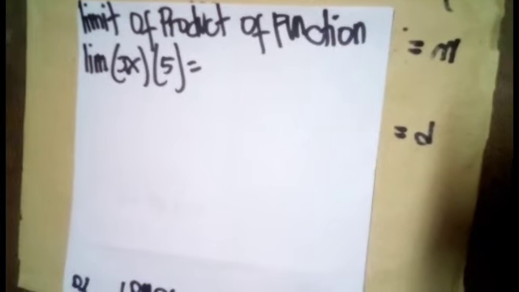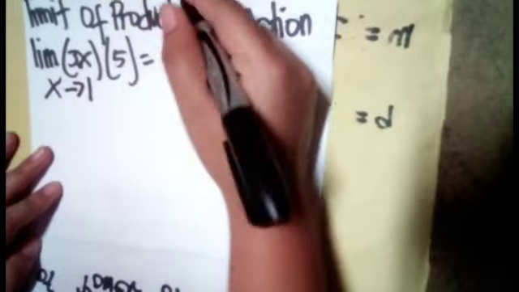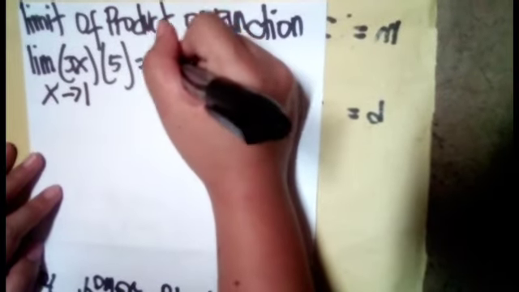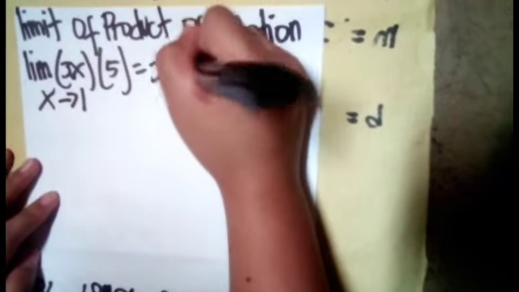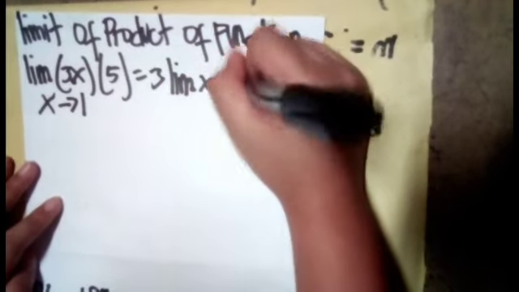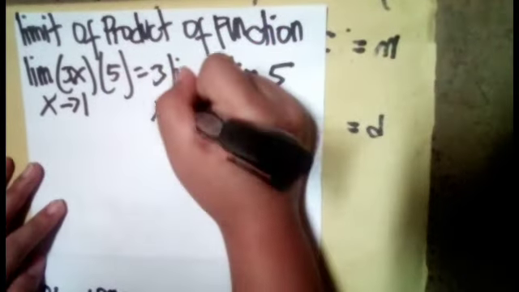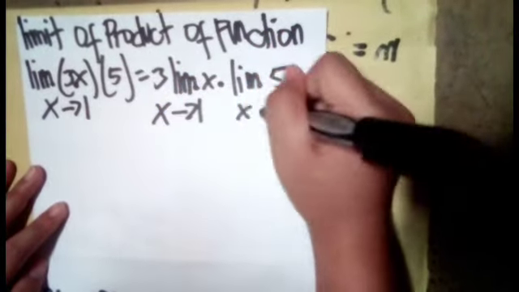Let's proceed to the next example. Here is the sample given. Limit of 3x and 5 as x approaches 1. So, 3 times limit of x, times limit of 5 as x approaches 1.